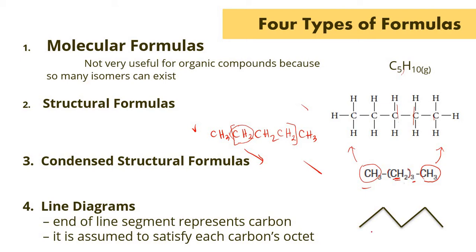What it actually is that there is a carbon here, a carbon here, a carbon here, and a carbon here. So we are also removing the H. It is assumed that there are Hs around the C. At the ends, it's always 3. So the pattern is, at the end, three Hs on the C. In the middle, it's two each.